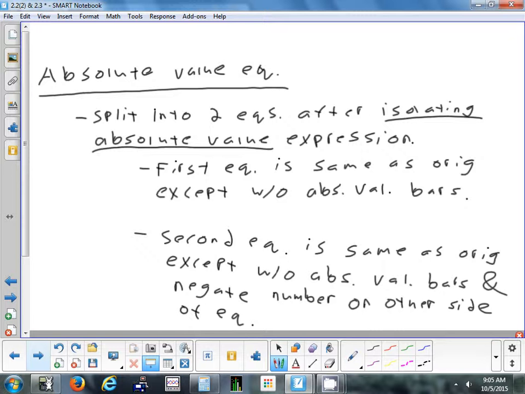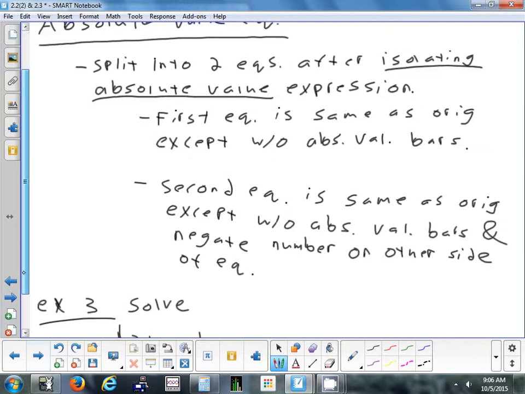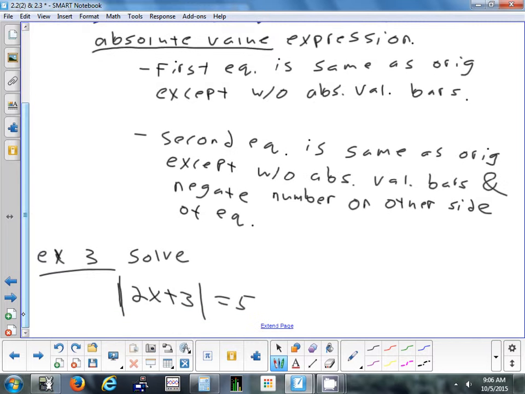So for the second equation, copy down the original, take away the bars, put the number on the other side, change the sign of it. That's what negate means. Change the sign. And there's an example of an absolute value equation.